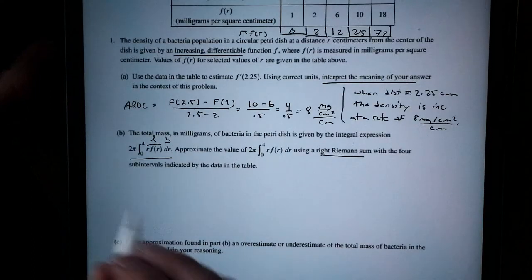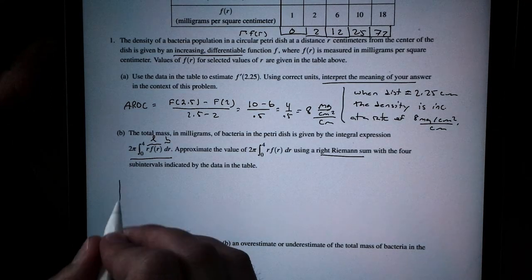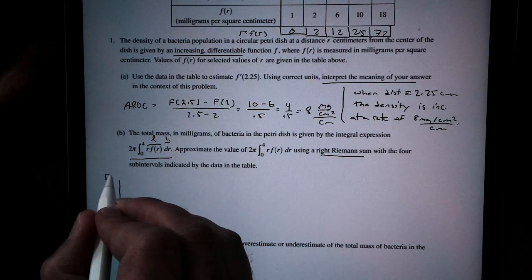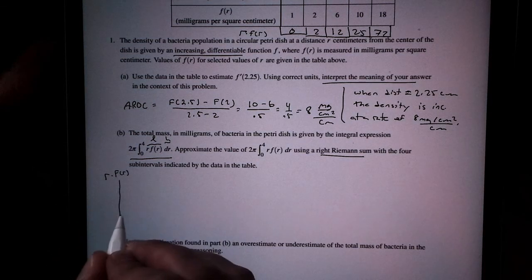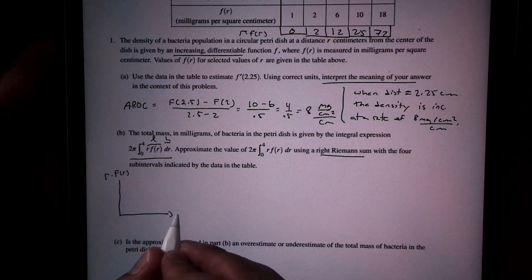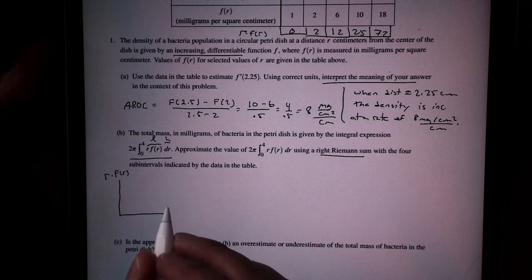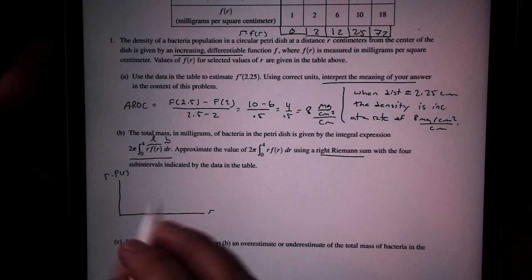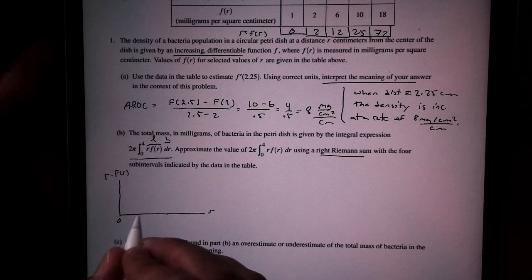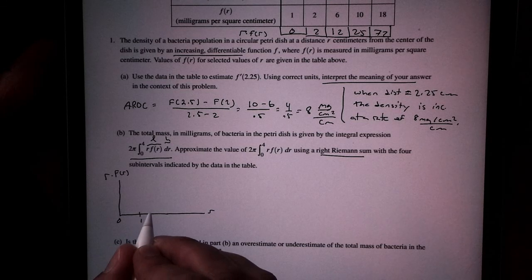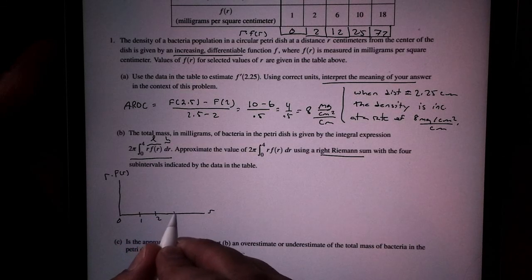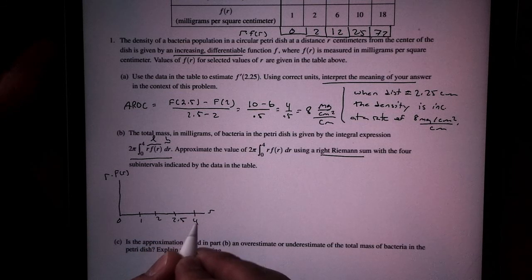So when I graph it, if you think about the y-axis as being r times f of r, and of course your x-axis as being r, we go 0, 1, 2, 2.5, and 4.